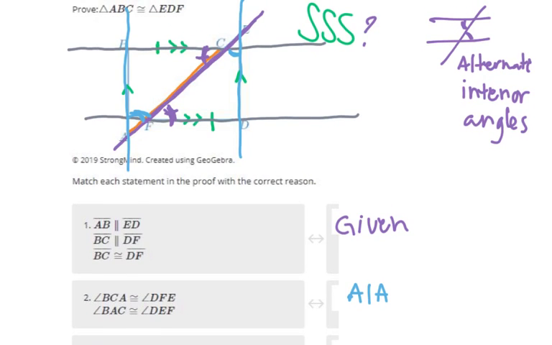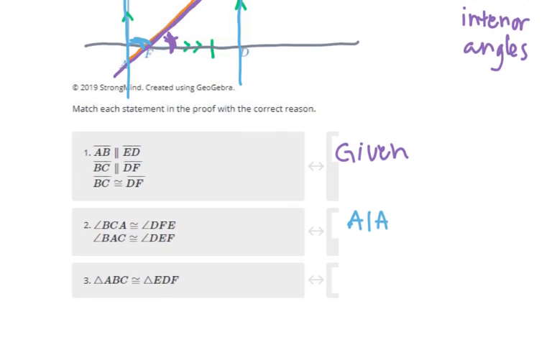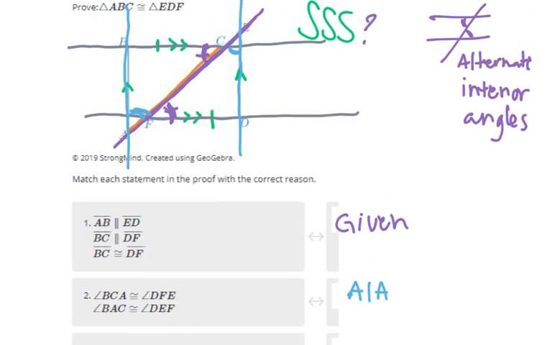Okay, so now that we have this, see, this is the tricky thing. So now we have these two triangles, ABC and EDF, and we have an angle. Oh, we have two angles, right? We have two angles, and then we have a side.